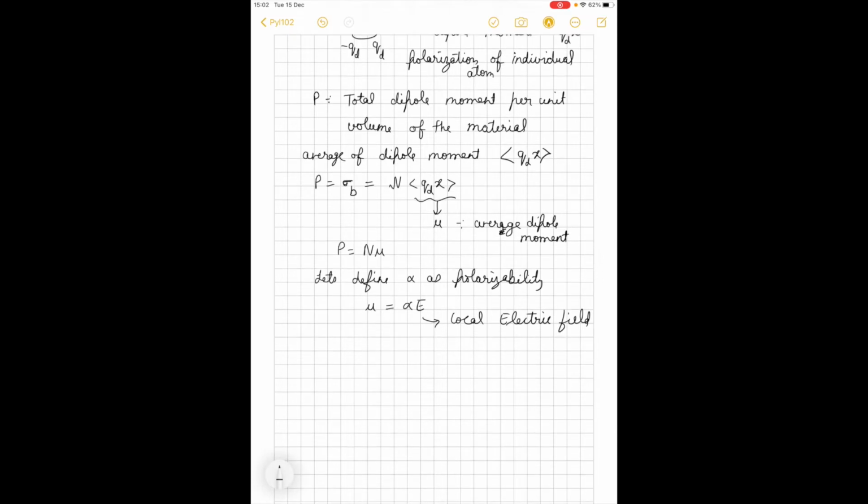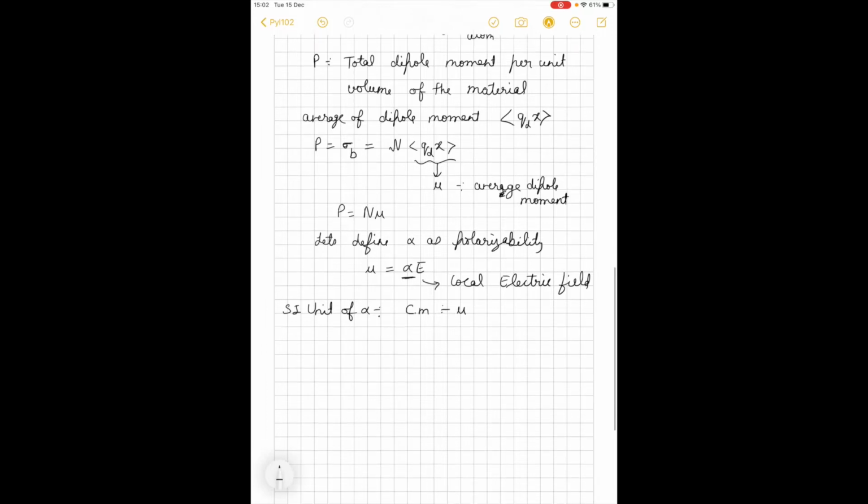Okay, so if I ask you what will be the SI unit of this alpha? The unit of mu, the dipole moment, which comes from this QD, will be Coulomb times distance, meter. This denotes the dimension of mu.